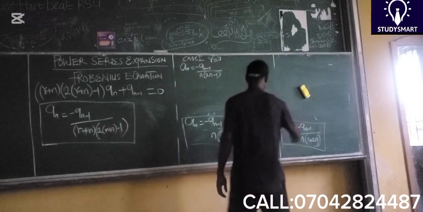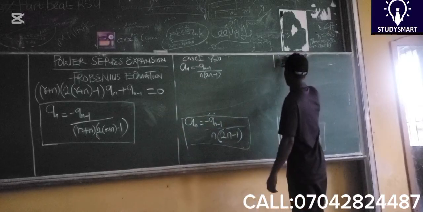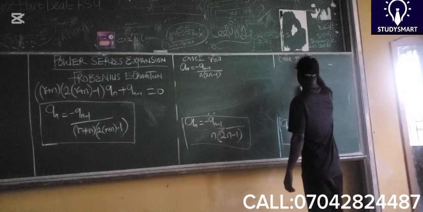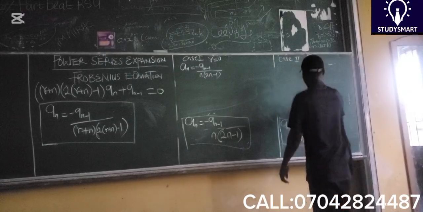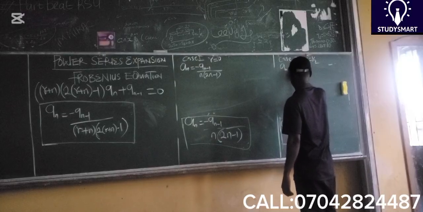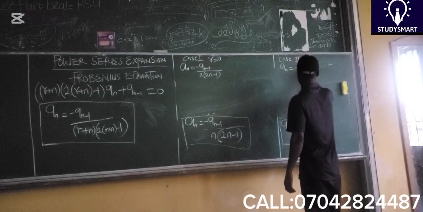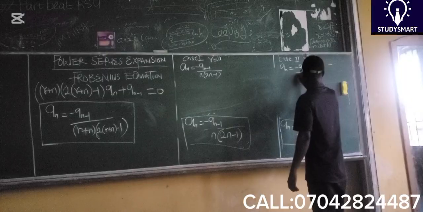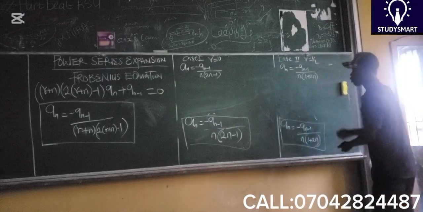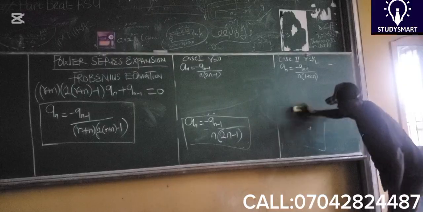And for case 2, when r is equal to half, a_n equal to minus a_(n minus 1) all over n into (1 plus 2n).